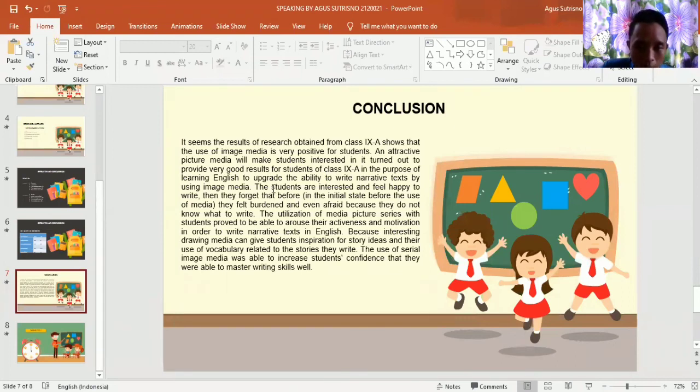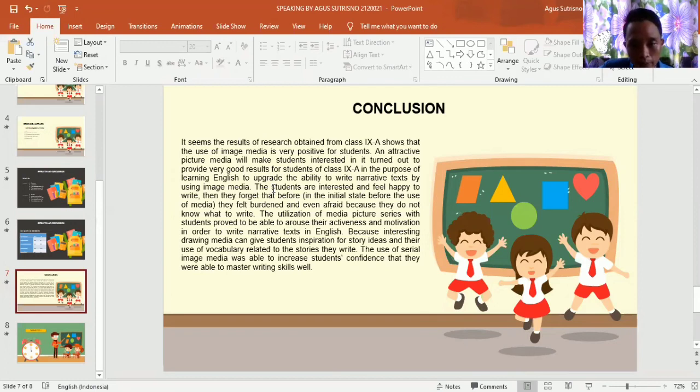The students are interested and feel happy to write. Then they forget that before, in the initial state before the use of media, they felt burdened and even afraid because they did not know what to write.